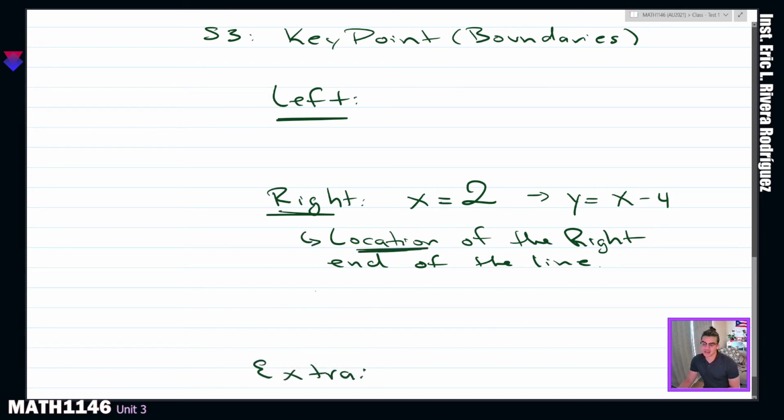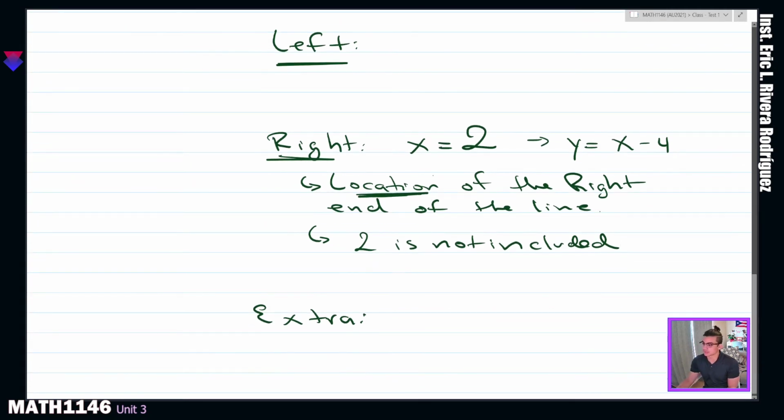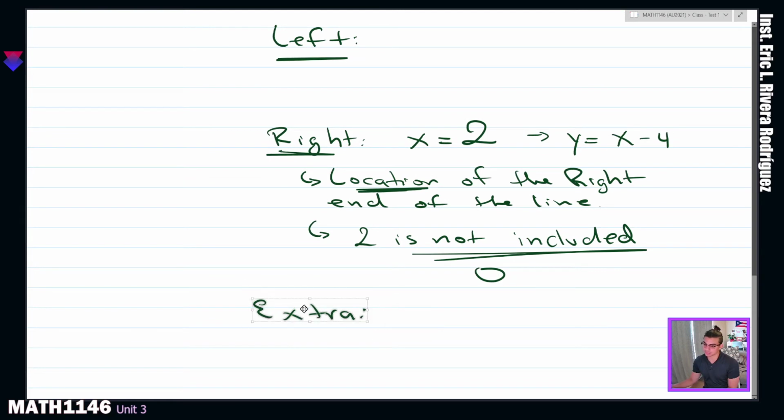My interest here is to find the location. So that means that 2 is not included when we plot. That means that if we plot this location, it's not a point, it's going to be a location, and we are going to use an open circle in the coordinate plane.